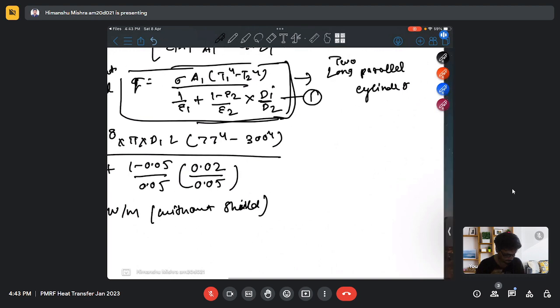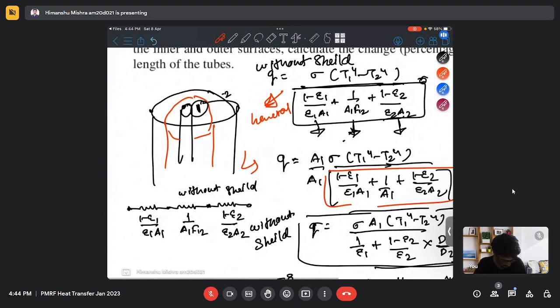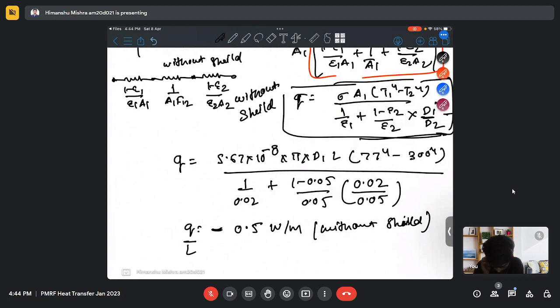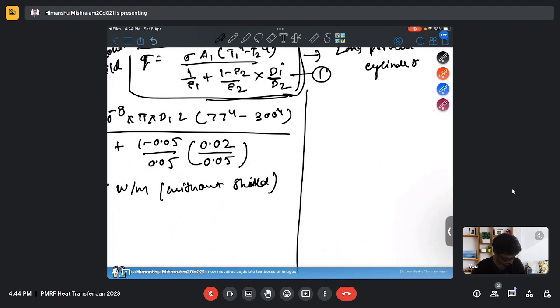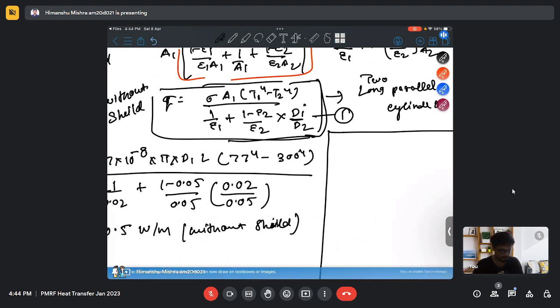So with shield we can again use this resistance concept if we add a shield. So now consider a shield, and the shield surface is, let's say, 3. So we can use the similar resistance analogy. My numerator will be the same because we are calculating the heat transfer from surface 1 to surface 2.